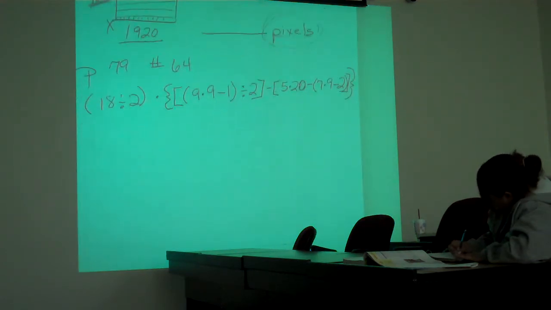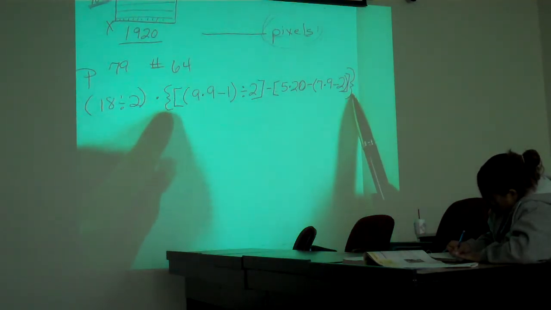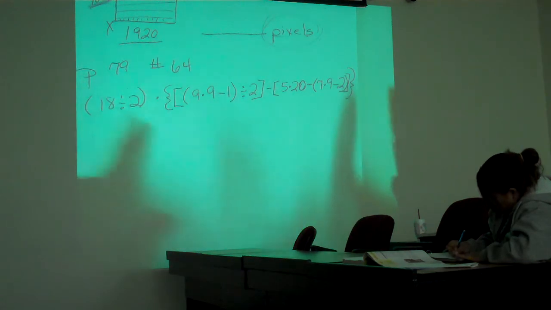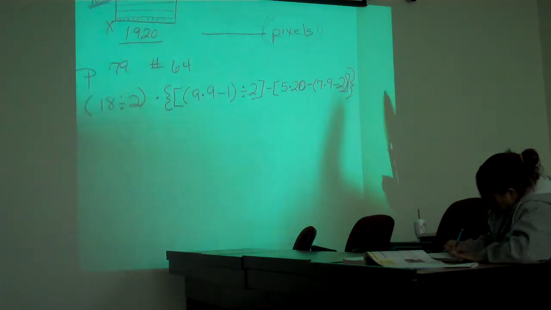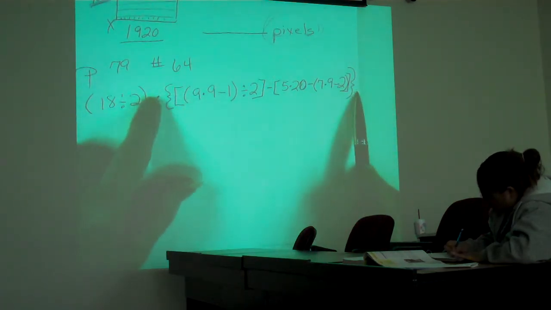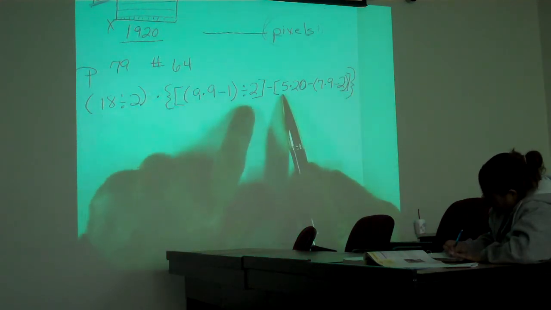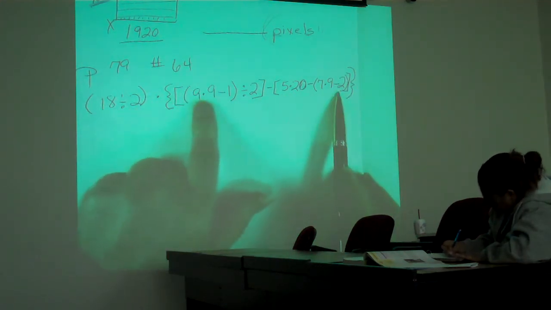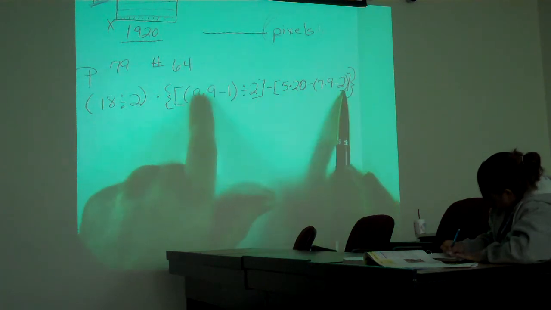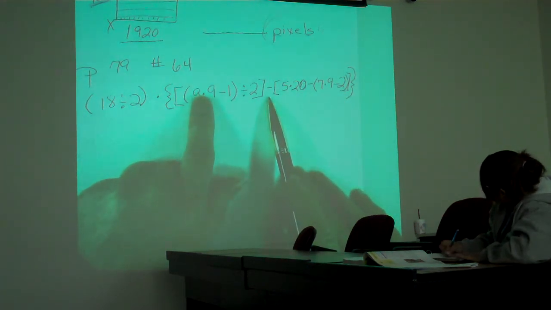When you're working inside of a squiggle and a bracket and a parenthesis, the farther out you go, you have to change the symbol so you'll know what's inside there. Inside the squiggles, you have 2 brackets, so we have to work those separately, and then after we do them, we're going to subtract them.